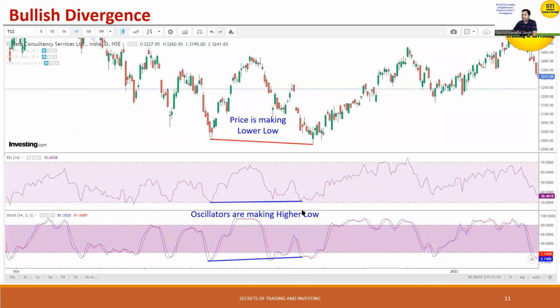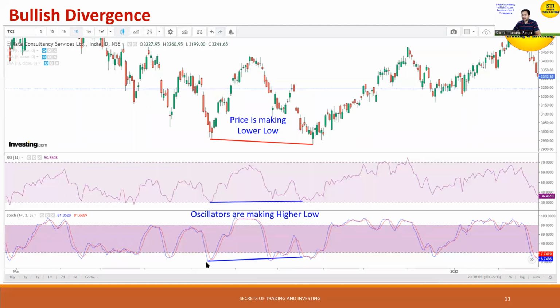It is slightly up or equal. In this example, it is slightly up. Maybe I'll show you in a real chart of the same example or another example. But you have to understand that even though the price is going down, the RSI is not going down that much. It is only slightly up.